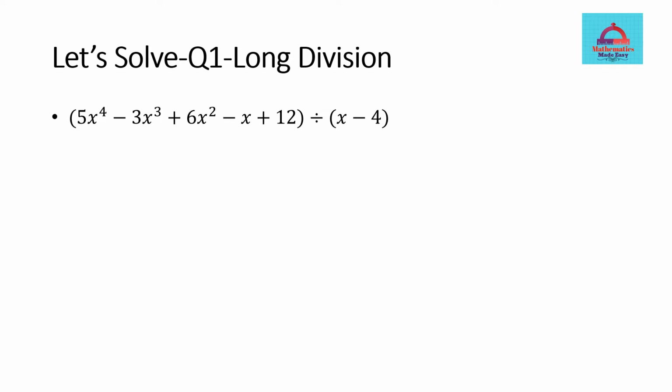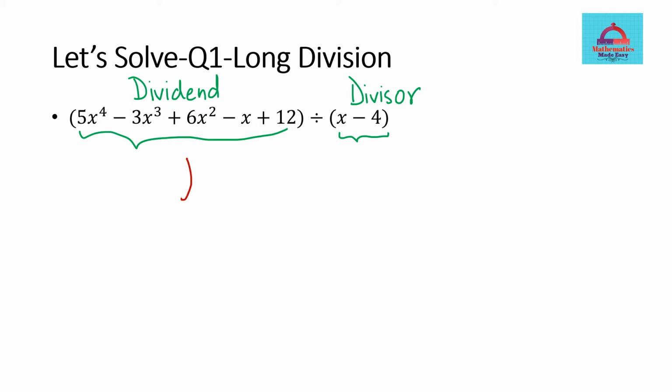Step one is to definitely identify the dividend and the divisor. It is very evident here that the big one is the dividend. This is the polynomial that we are dividing, and the one which is dividing it is the divisor, which is a binomial here, only two terms. So step one, you put them in the long division format. Inside comes your dividend, which you are dividing.